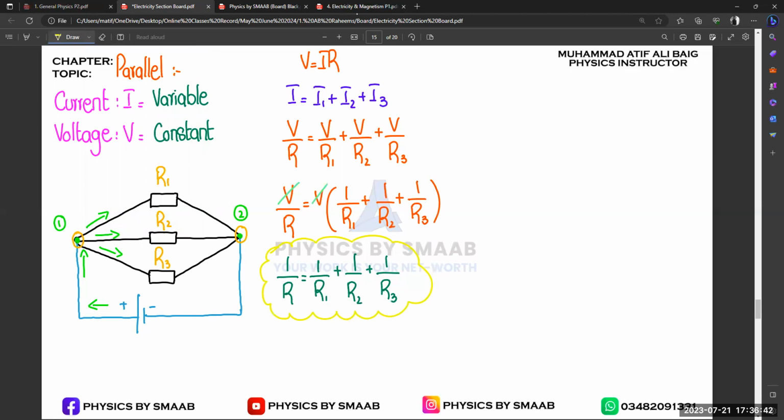So as a statement we can simply write that the equivalent resistance, this is again our equivalent resistance, in parallel combination is equal to the reciprocal of the individual resistances.